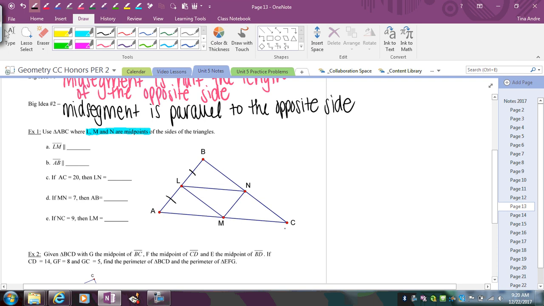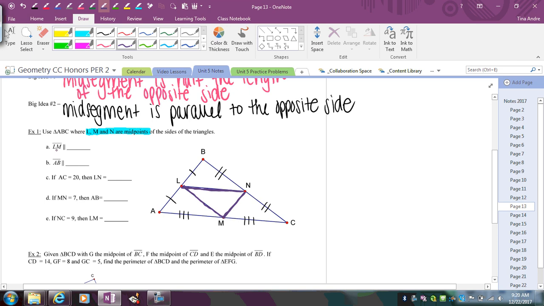N is the midpoint of BC, so that means these two sections are equal. And then M is the midpoint of AC, meaning these three segments are equal because M is a midpoint. So then that also means that LN is a mid-segment because it connects two midpoints. MN is a mid-segment because it connects two midpoints. And LM is a mid-segment because it connects two midpoints.